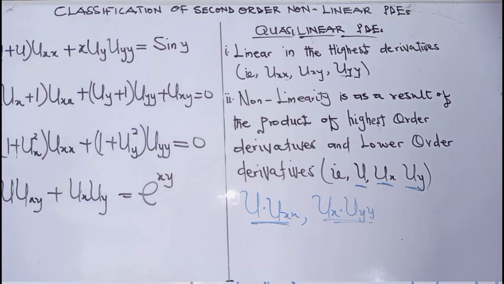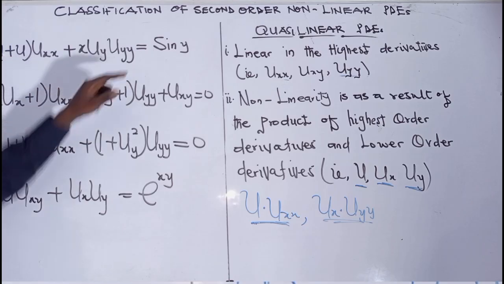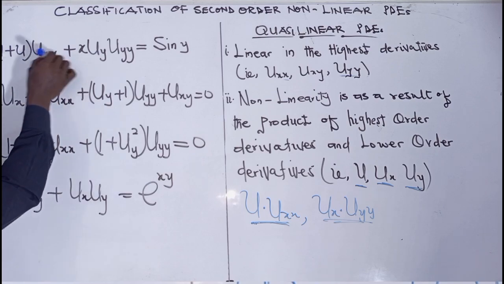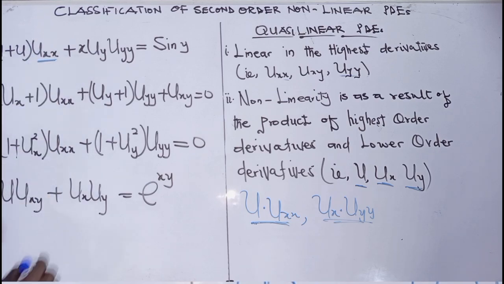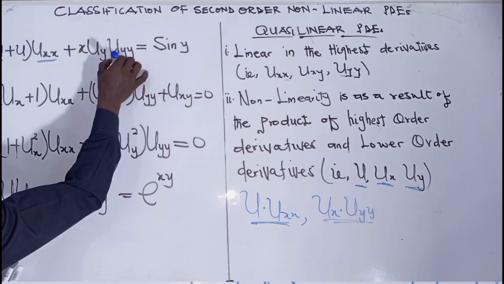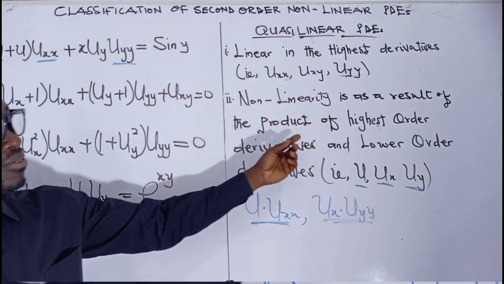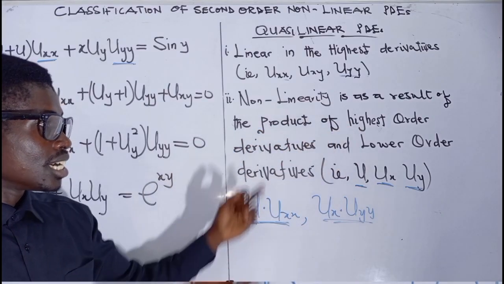Looking at the first equation, you can see that we have U_xx and U_yy. So we ask ourselves if they are linear or not. You can see that U_xx is linear, and U_yy is also linear. Then we move on to see if we can find a lower order derivative multiplying the highest order derivative.